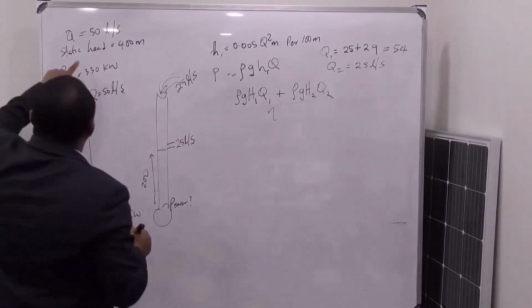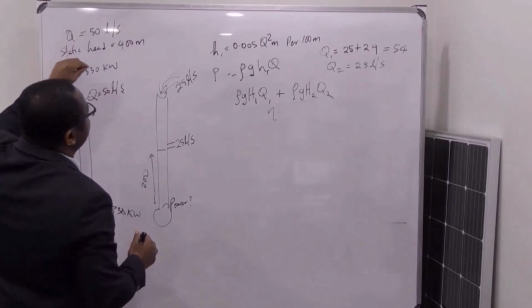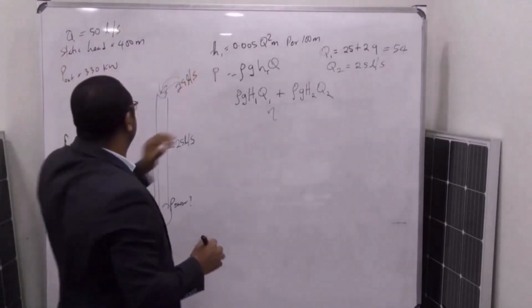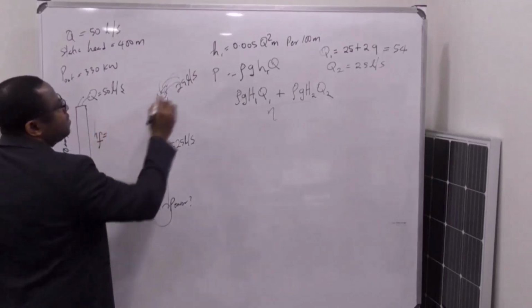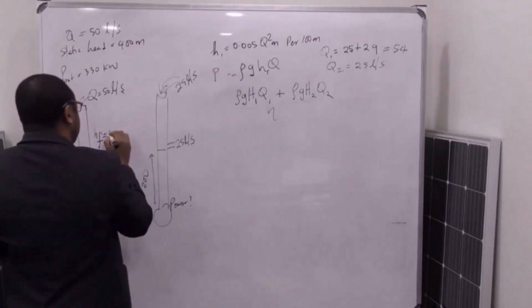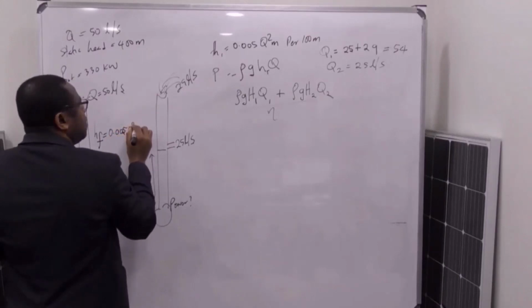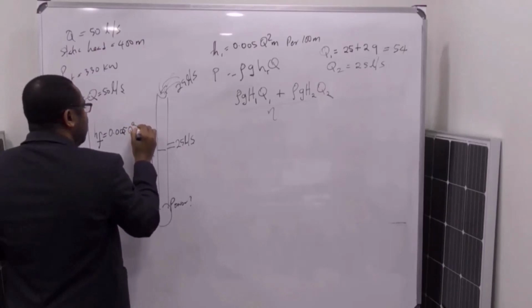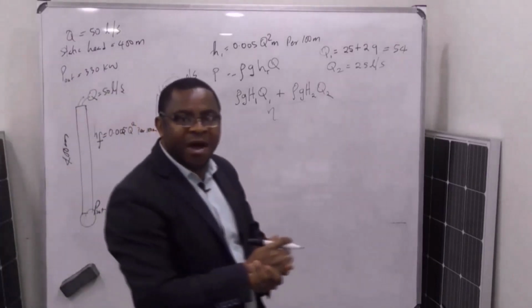Now, if you check, we have a static head, we have frictional head. H frictional is 0.005 Q squared, and this is per 100 meters. So, and this is 400, so I need to multiply that by 4.